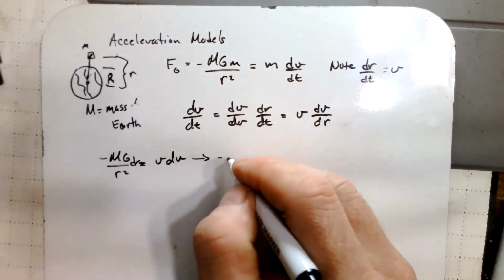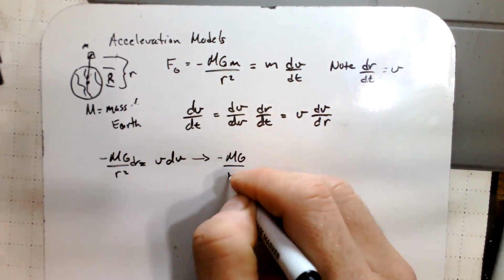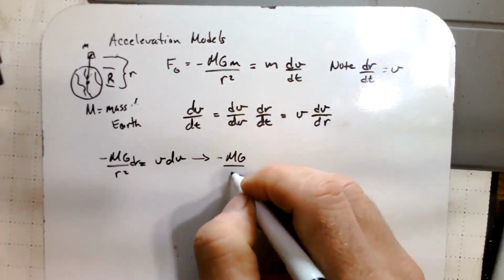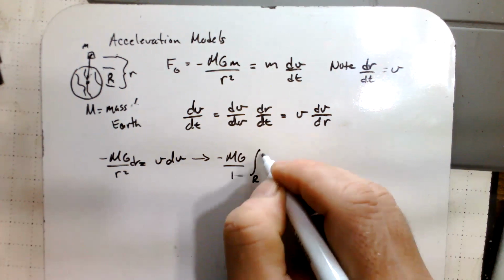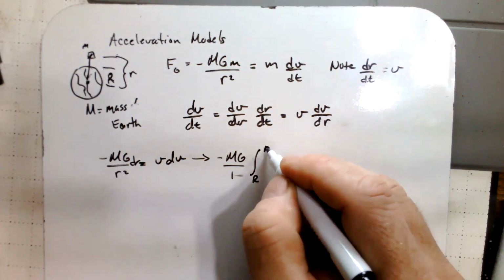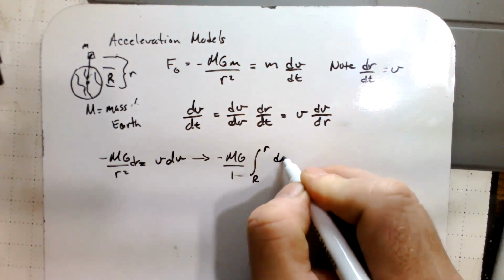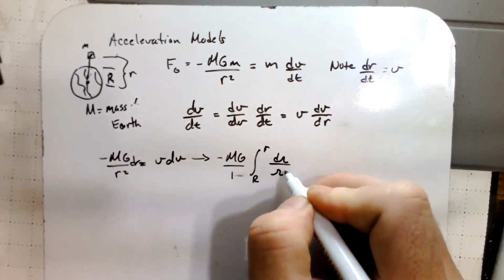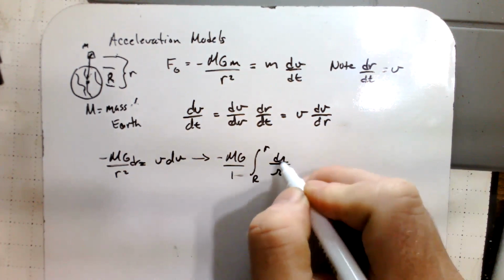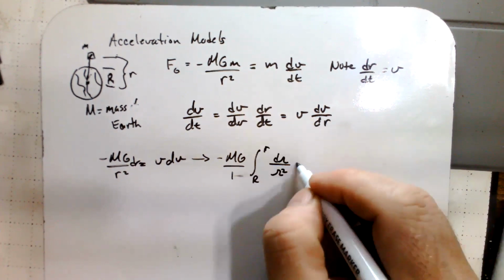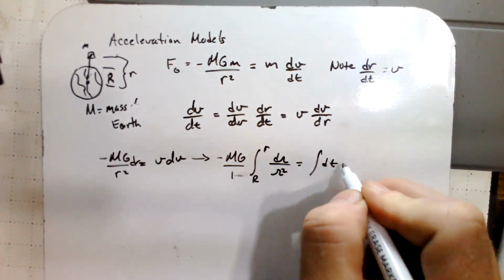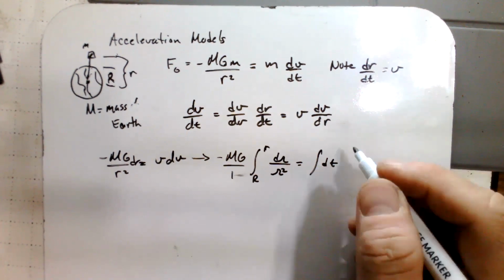So then we have the integral of negative GM, the integral from capital R to lowercase r, where this r is some arbitrary point, I'll call it script r, of d script r over script r squared. And then the integral of v dv.